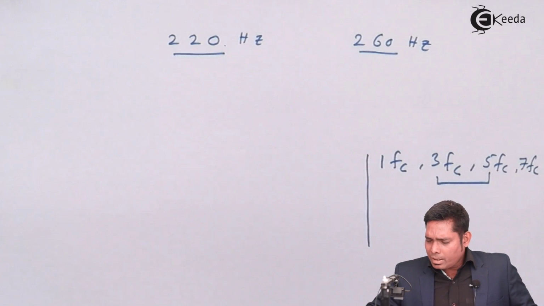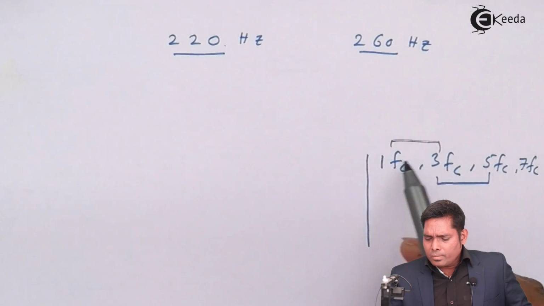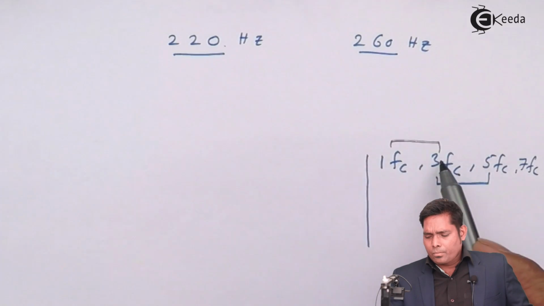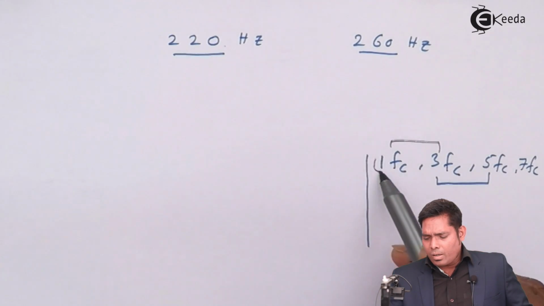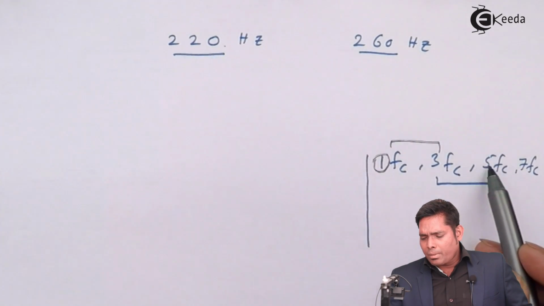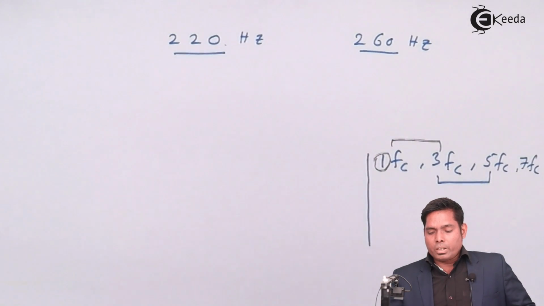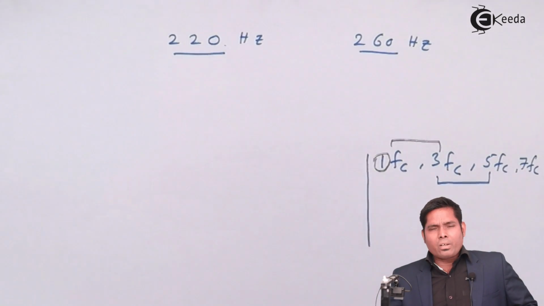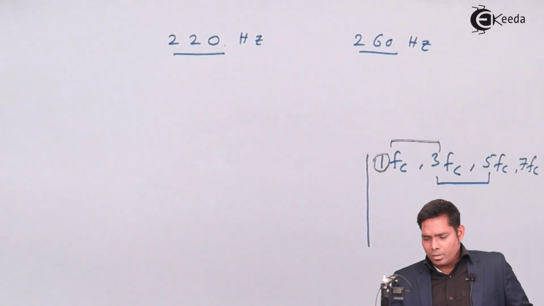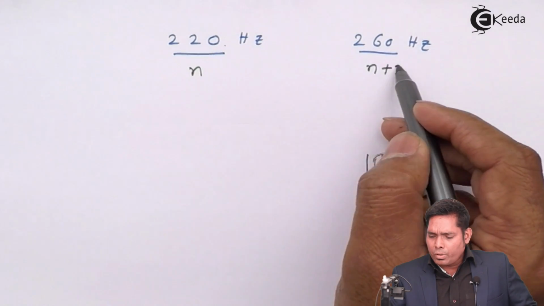But what we know is the relation between two consecutive ones: the difference is actually 2. If I take 1 here, then this is 3. If I take 3, then the other is 5. So I don't know which number corresponds to 220 Hertz. If I call that frequency the nth frequency, then the next will represent the n plus 2 frequency.